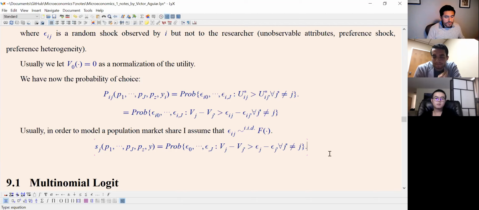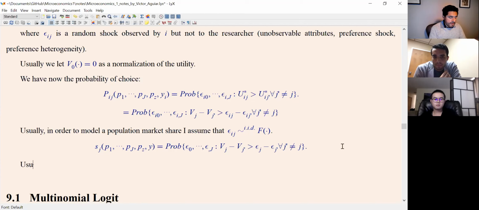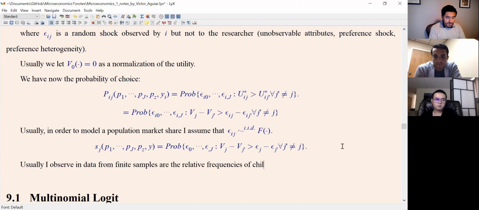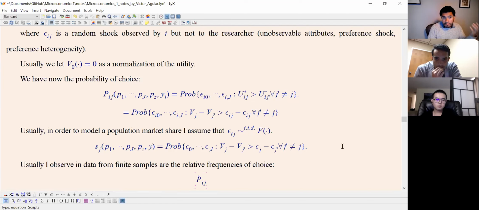So usually what you observe in data from finite samples are the relative frequencies of choice, okay? So these are usually called hat P, P_ij, for instance, and then we're going to obviate this part, and this is going to be the summation basically from the experiment.